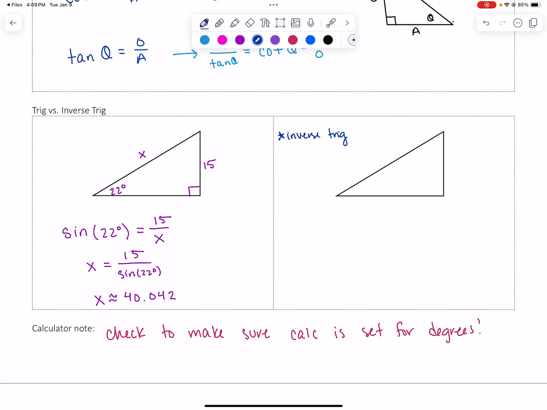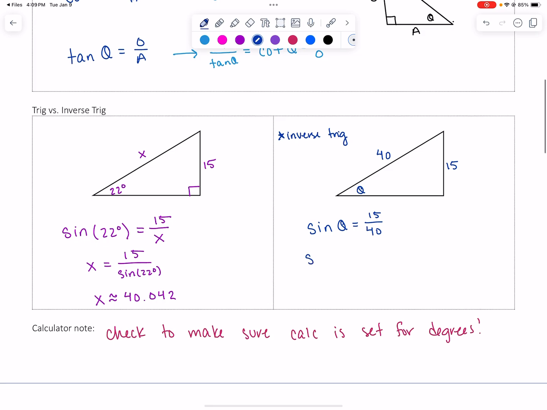So on this one, we're going to have a missing angle of theta, and we know that our opposite side is 15, but now our hypotenuse is 40. Same thing that we did before, we're going to set it up as sine theta is equal to our opposite over hypotenuse. But now we're going to use that inverse.